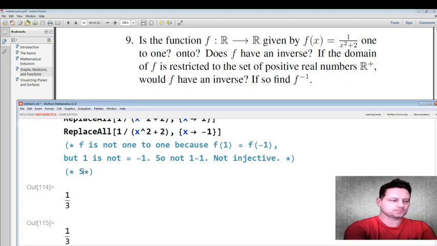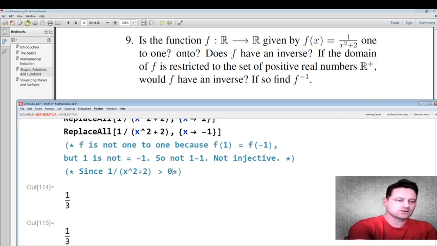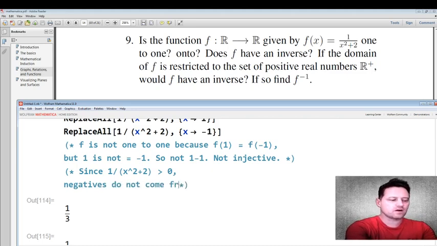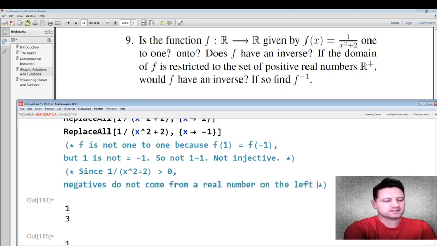since 1 over x squared plus 2 is always greater than 0, negatives do not come from a real number on the left set.